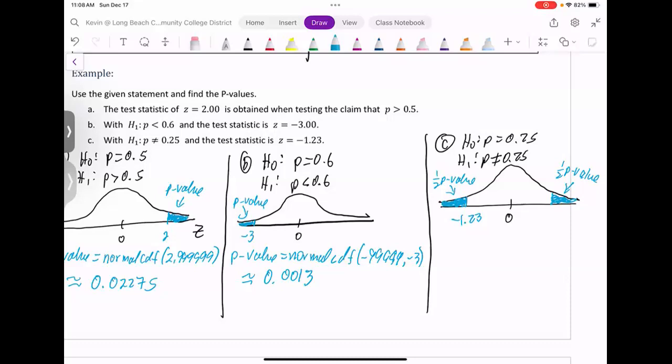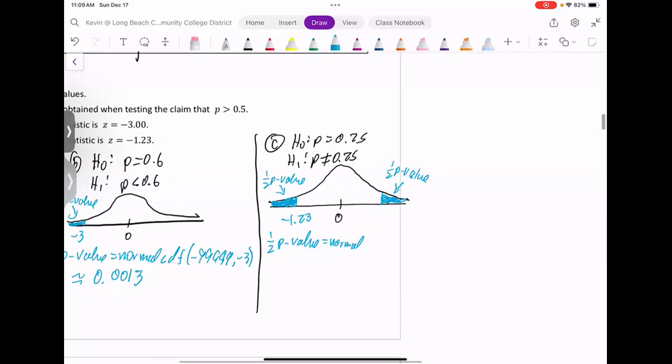So this means that 1/2 the p-value is going to be normal CDF, negative infinity to negative 1.23. And what we're going to do is once we get that value, we're going to double that, and that will give us the full p-value.